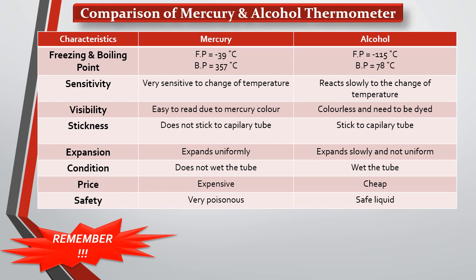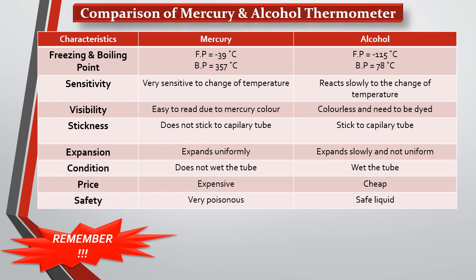For condition, mercury does not wet the tube, it stays dry all the time, but with alcohol the tube will be wet. For price, mercury is a bit expensive, but alcohol is cheaper. For safety, mercury is a very poisonous liquid and can cause cancer and affect your health.